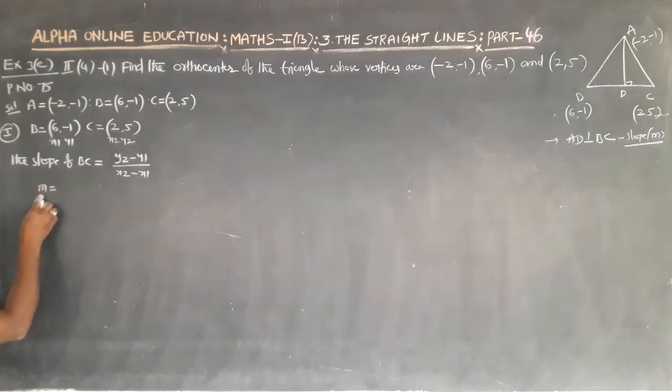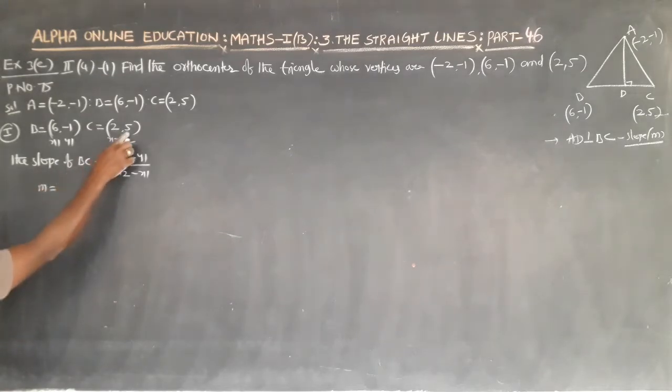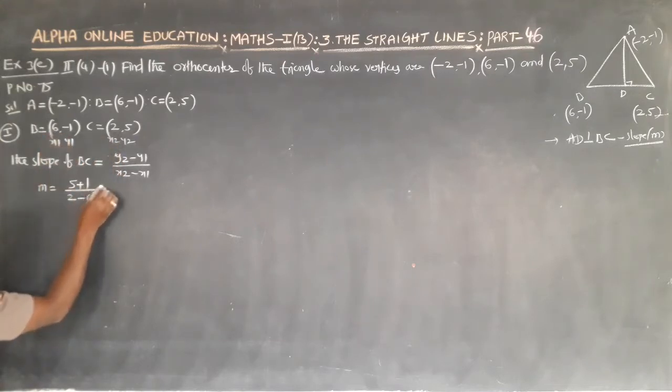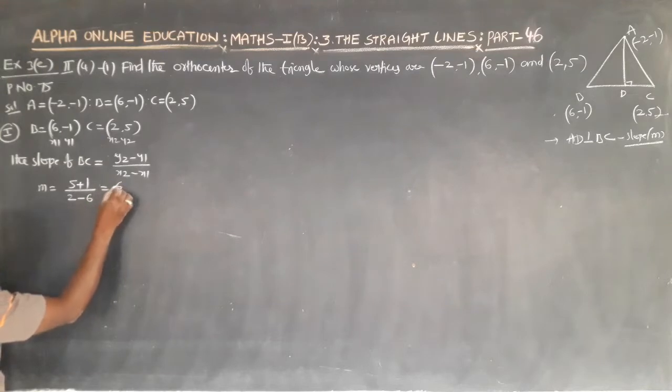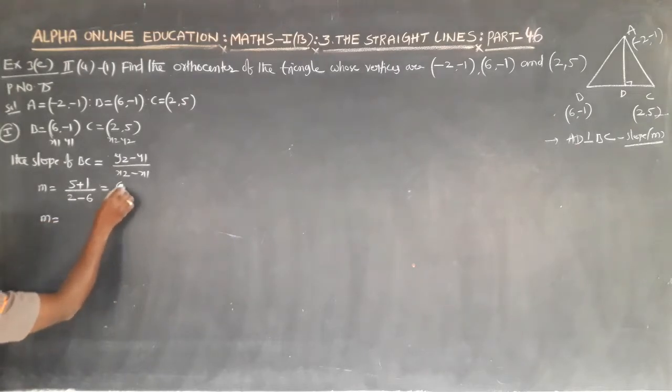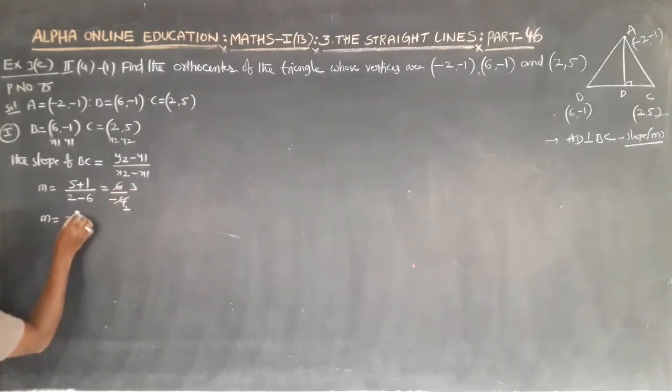M is equal to 5 plus 1 by 2 minus 6, which is 6 by minus 4. M is equal to minus 3 by 2, the slope of BC.